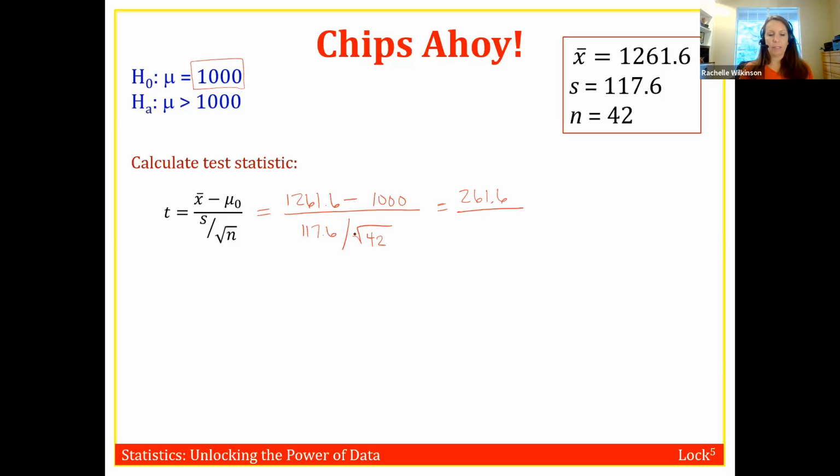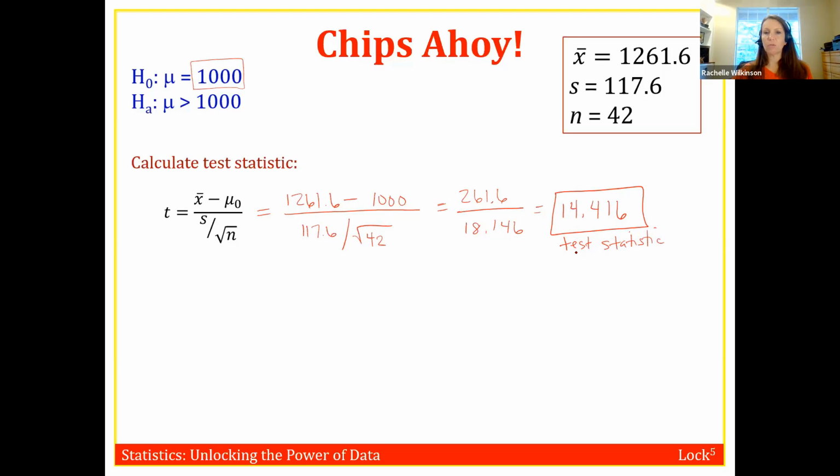Then if I take 117.6 divided by the square root of 42, that gives me 18.146 in the denominator. Now I divide those: 261.6 divided by 18.146, and I get 14.416. So this 14.416 is what we call the test statistic.